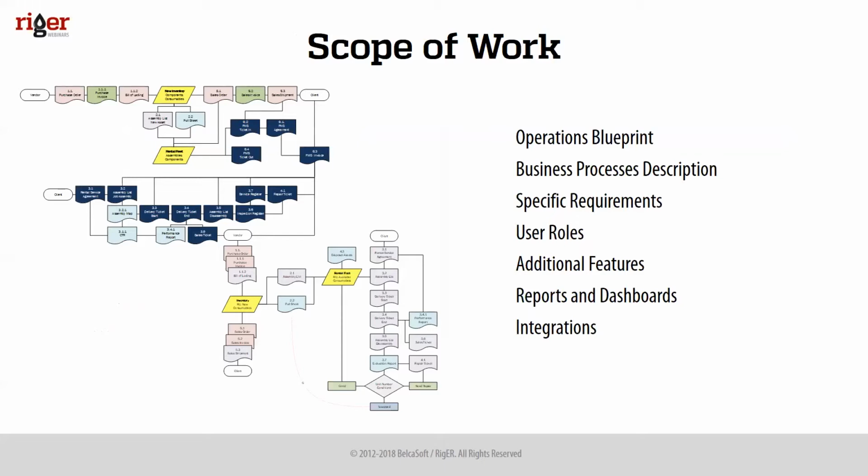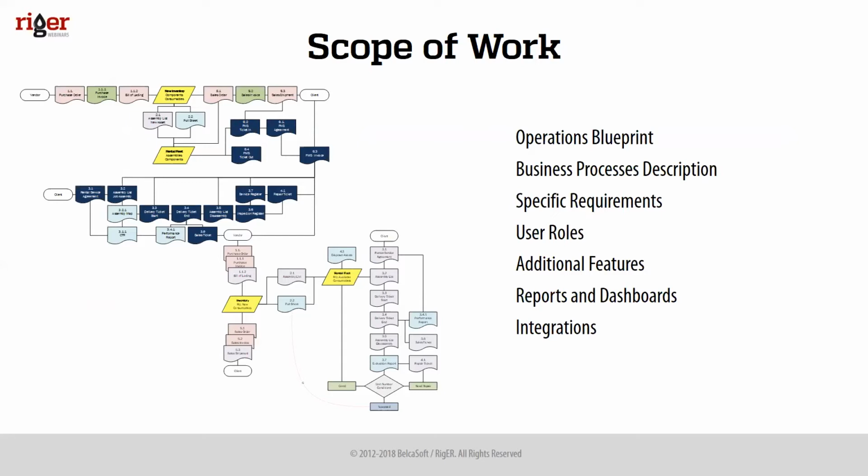The crucial and most important thing in any customization will be a scope of work, where we can define and understand what kind of business requirements we have, what kind of business processes we have in the particular client. It could be a very, very complex thing. But without the scope of work, we couldn't do the customization.